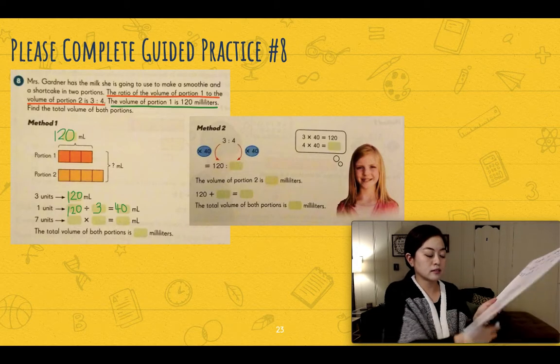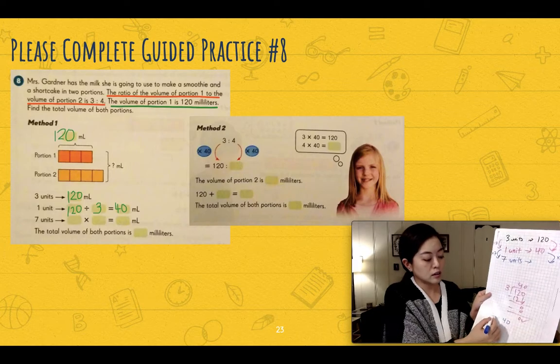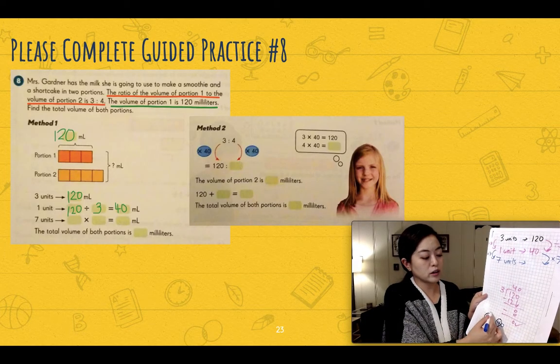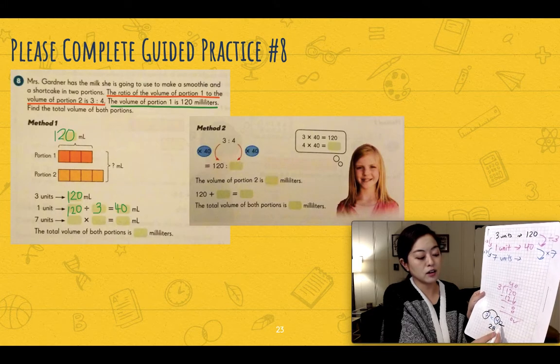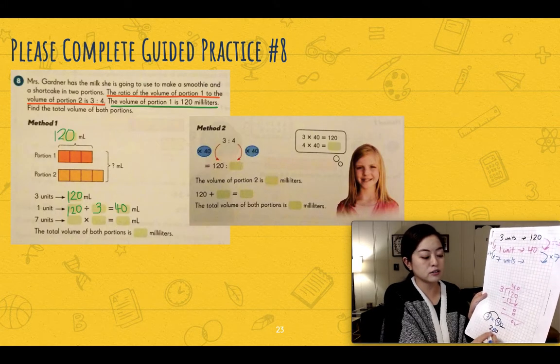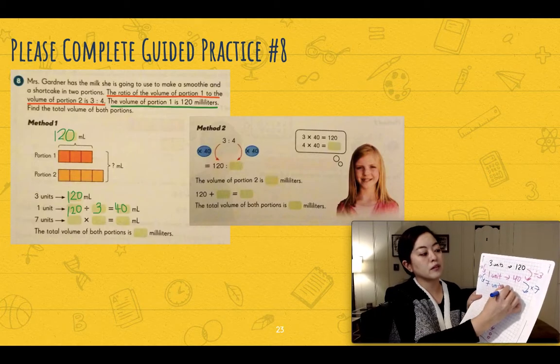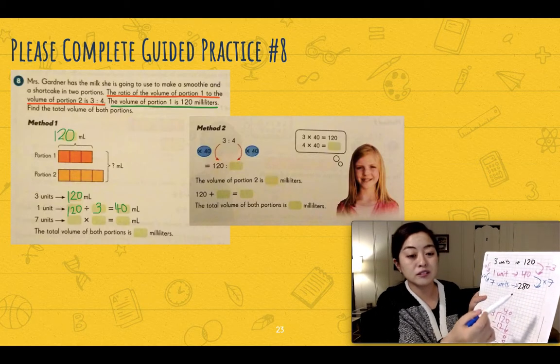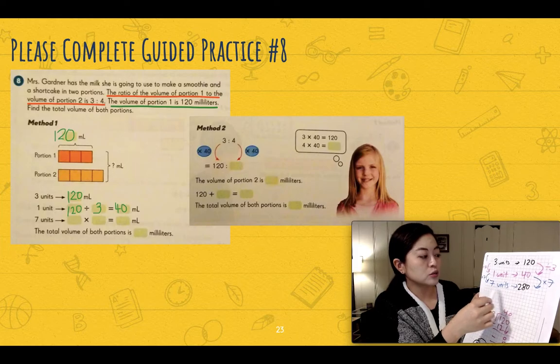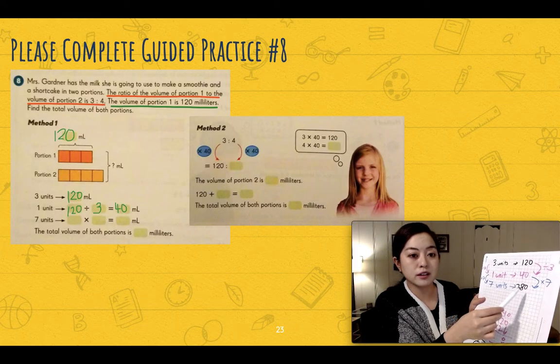So I'm going to just take 7 times 4, okay? 7 times 4 is 28. Then I add however many trailing zeros I have here. It's 280. So 7 units is equal to 280 milliliters, right?